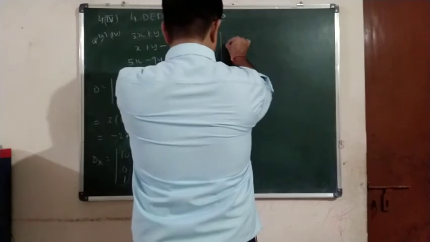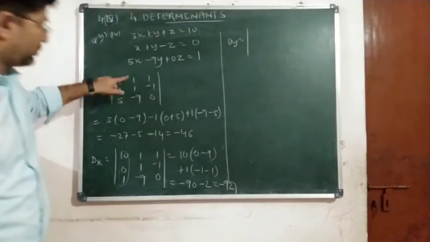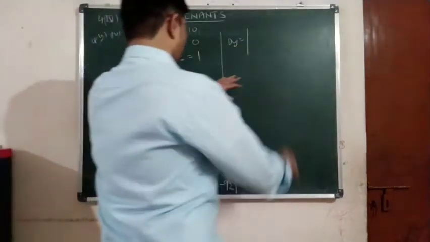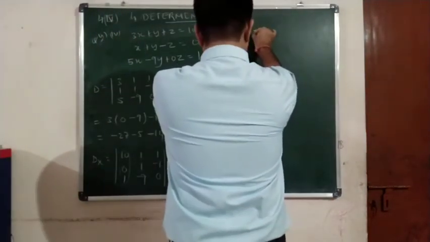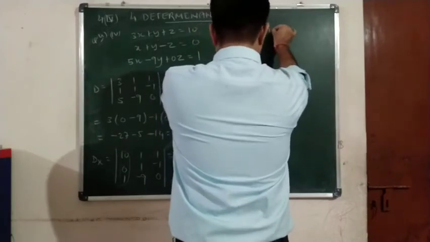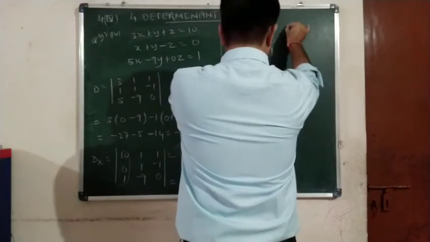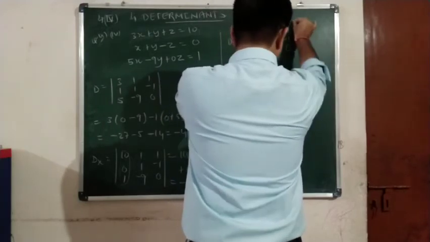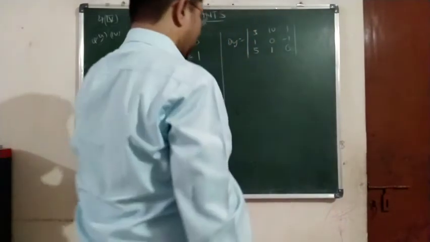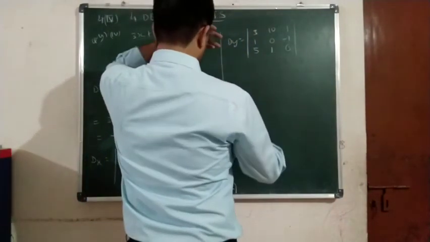Now let us calculate dy. In dy, the second column will be replaced by 10, 0, 1; first and third as it is. So 3, 1, 5, 10, 0, 1 and 1, minus 1, 0. Okay, let us expand along the first column.